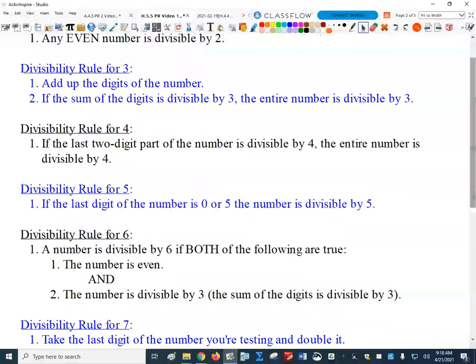Okay, how about 4? 4 goes evenly into 100, right? So you only have to look at the final two digits. I'll give you an example.